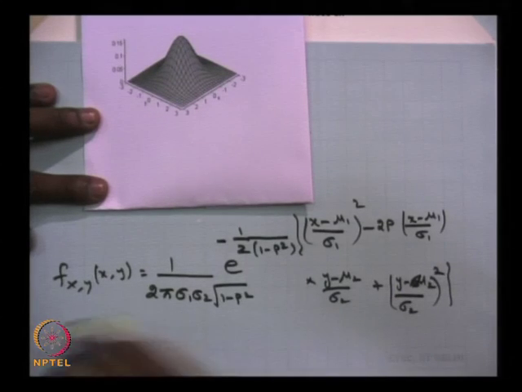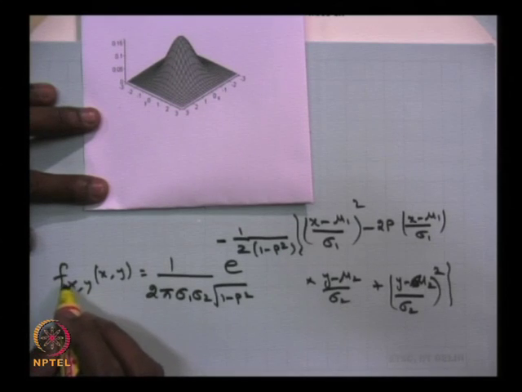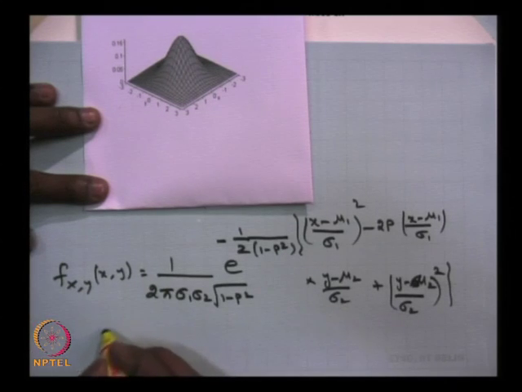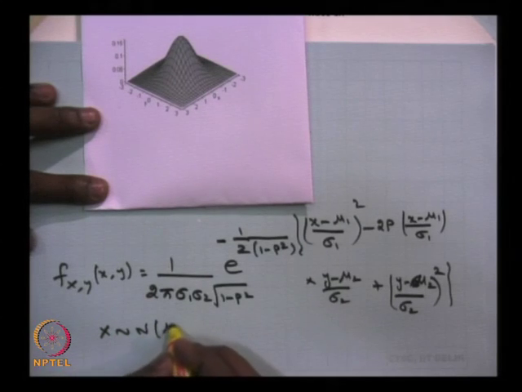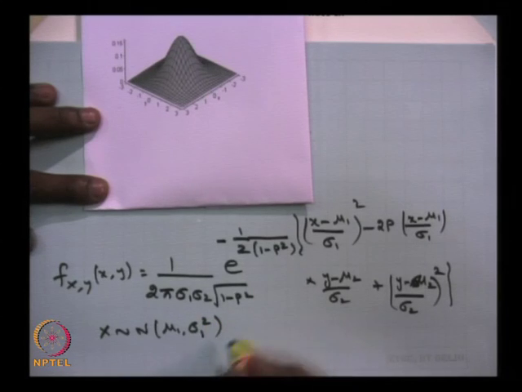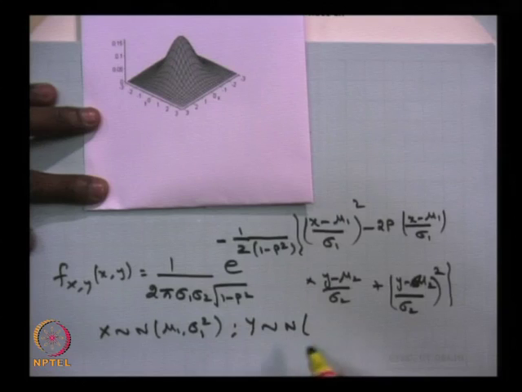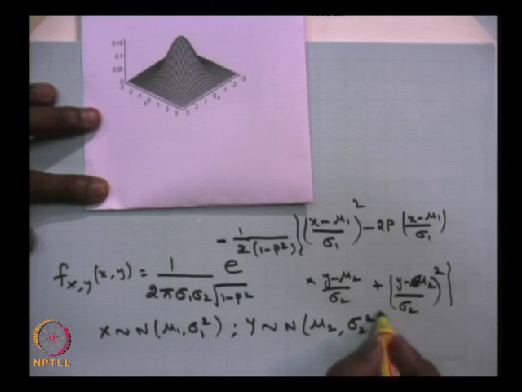So here, if you find the marginal distribution of the random variable x and the marginal distribution of y, you can conclude x is normally distributed with mean mu 1 and variance sigma 1 square, and similarly y is also normally distributed with mean mu 2 and variance sigma 2 square.